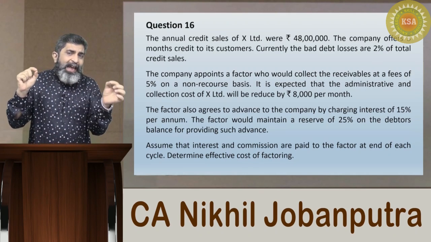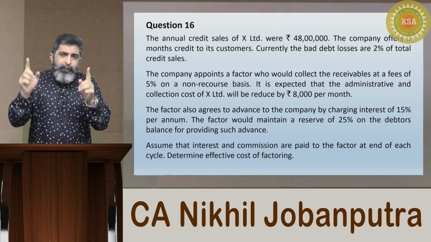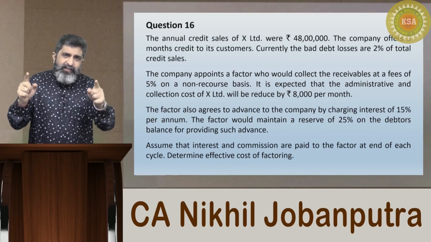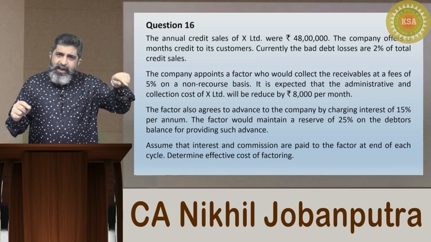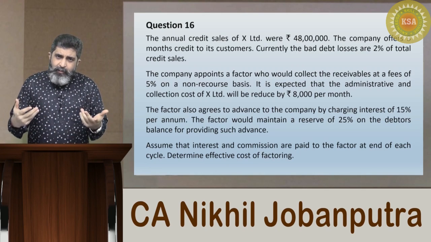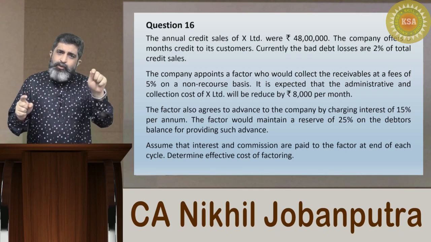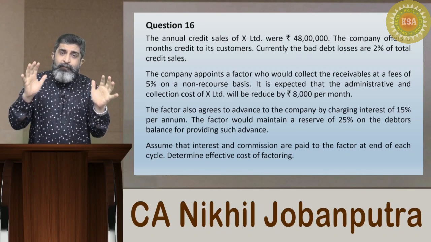How do you calculate the average debtors balance? Average debtors balance will be the total annual credit sales into 3 months divided by 12 months, because in this case you have given 3 months credit period to your customers to pay. So your average debtors balance will be 48 lakhs into 3 by 12, that will be 12 lakhs.